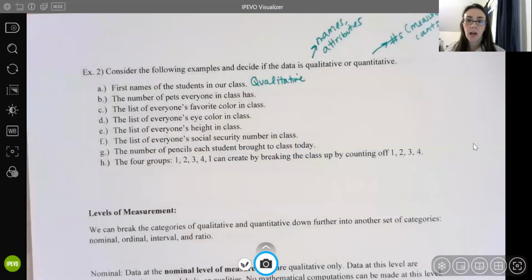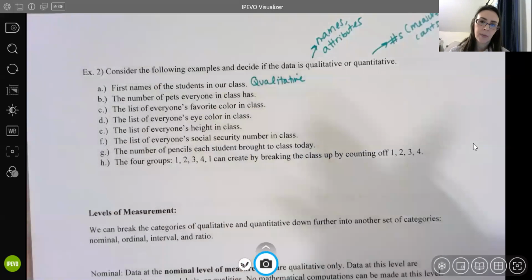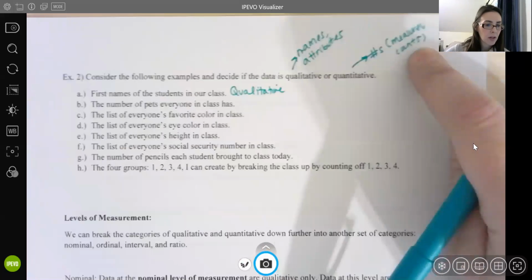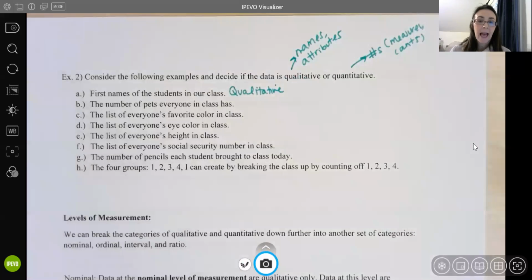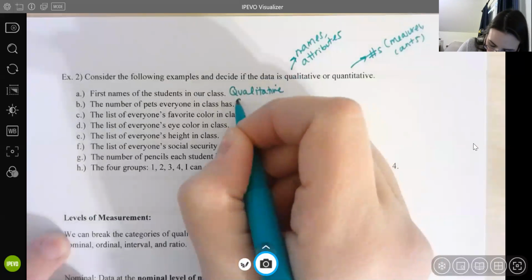Someone else may have a dog, they have 1 pet. Someone may have no pets, that's 0. That's okay, that's still a number, right? So we could actually count up how many pets everybody in class has, right? These are counts. So not only are they numbers, but they're actually counts. We could find the average number of pets in class. We could find the total number of pets in class. So this is quantitative data.